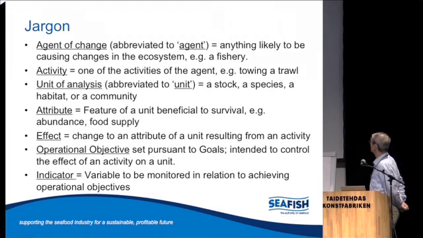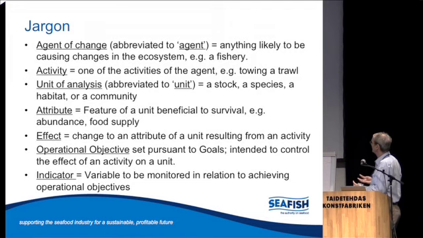That's the overall agent of change. An activity, one of the activities of the unit, is towing a trawl, steaming, shooting static gear, soaking static gear, that kind of thing. You can divide everybody's activities up. A unit of analysis is a stock, a species, a habitat, or community.